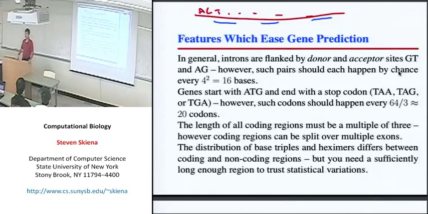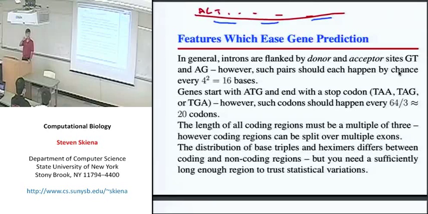But if we're going to write a program, in principle, the chemistry and the biology doesn't seem to help us too much because the exact way that this is done is still somewhat unknown. But there are lots of features of genes that we can use to try to build a prediction model. And so what I'd like to do is to go through what are the features in genes that might make predicting them easy or reasonable. Okay? Any questions about where we are, what our goal is?